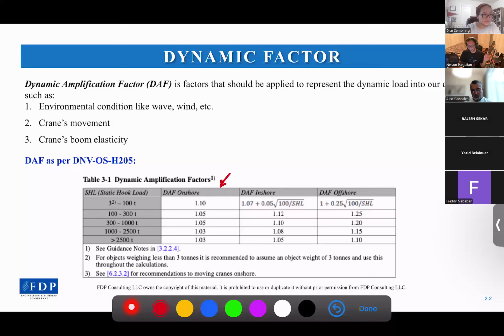So yeah, that's how to. And then don't forget to use the static hook load information also. So if we lift the object weight and the rigging weight combined, and the weight is between 3 tons to 100 tons, then we can choose this dynamic factor.